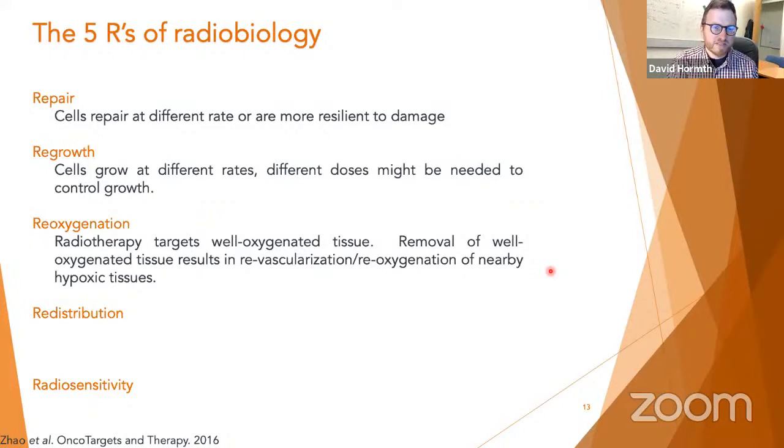So now these reoxygenated tissues can be treated with additional rounds of radiation therapy. The dynamics of this reoxygenation process would be important to understand in designing an adapted, optimized therapy.